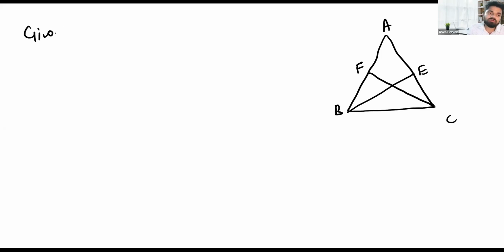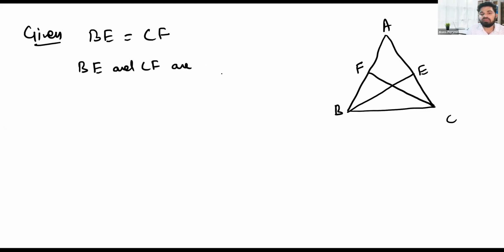BE and CF are altitudes, so they are perpendicular. What is being given to you is that these two are equal, meaning this side is equal to this side.